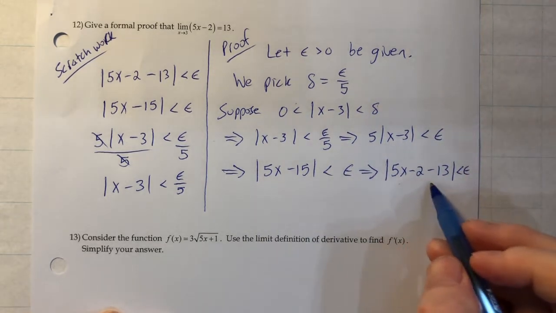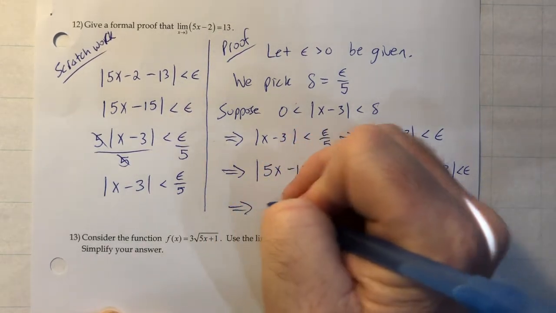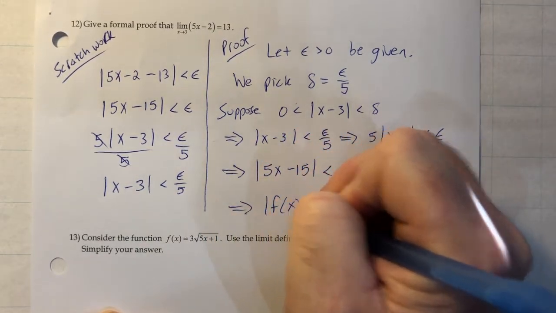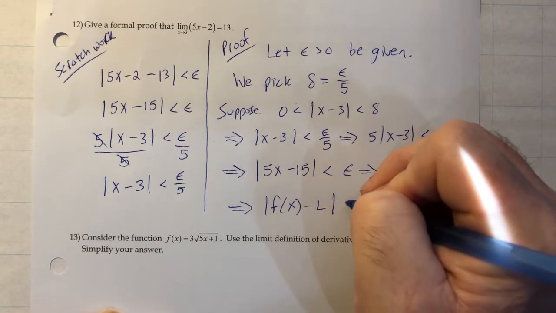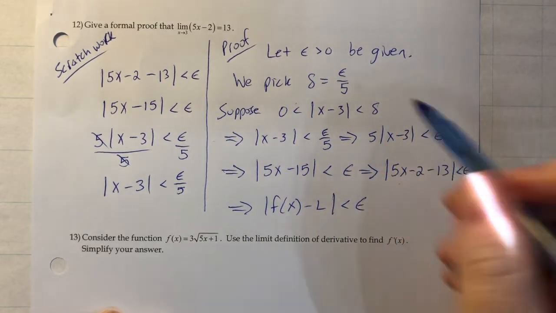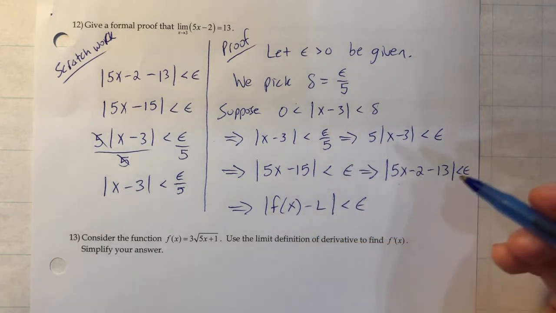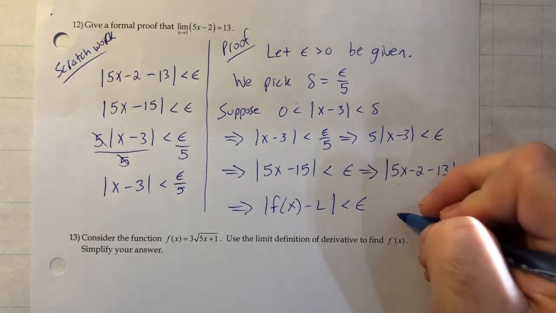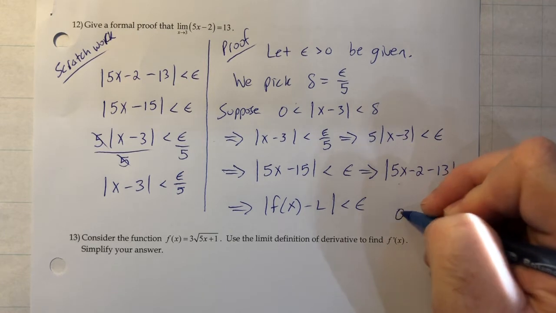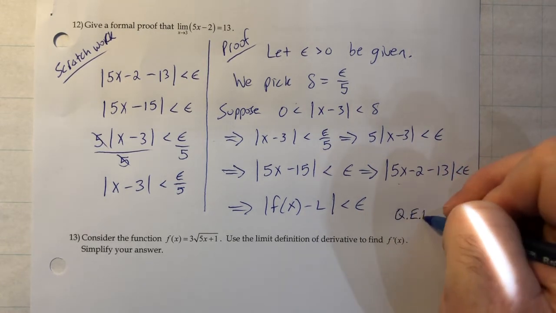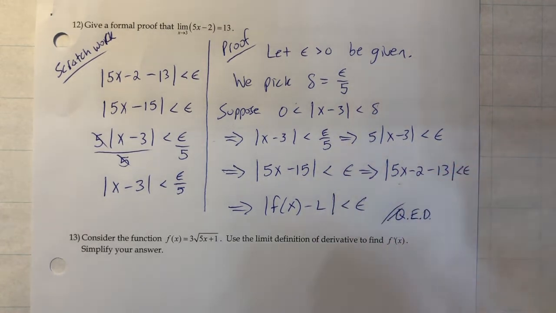And then that is f of x minus L, so we have now shown that f of x minus L is less than epsilon. So we started out with x minus a is less than delta. We ended up with f of x minus L is less than epsilon, which is what we need to do to complete the proof. So QED, which means quod erat demonstrandum, which means we have demonstrated it or the proof is finished.